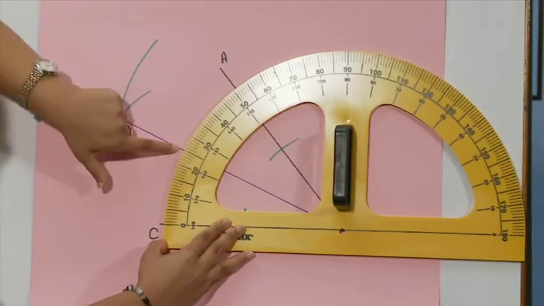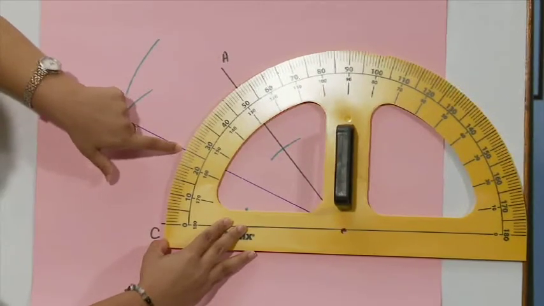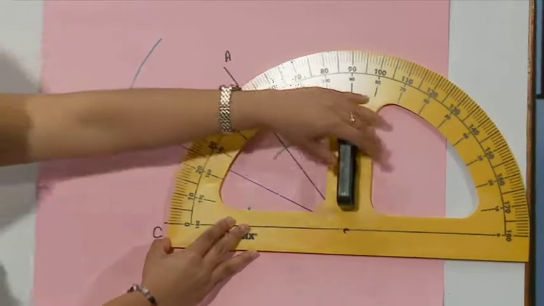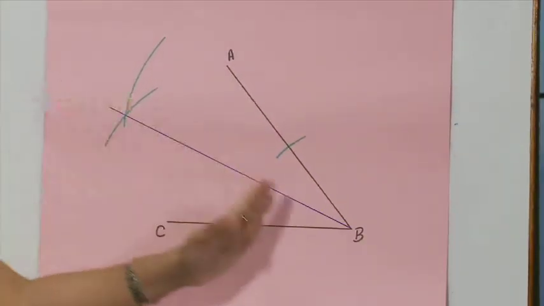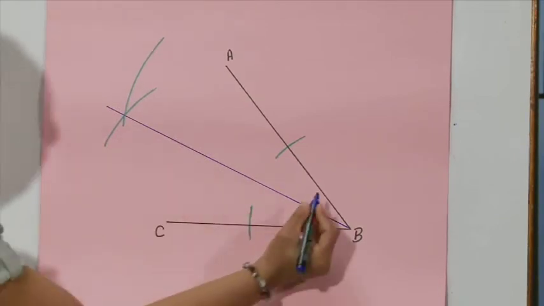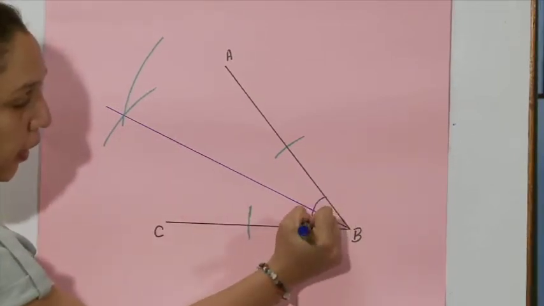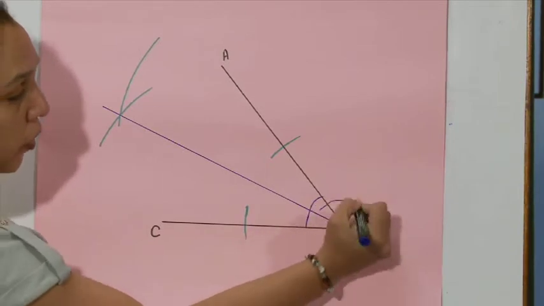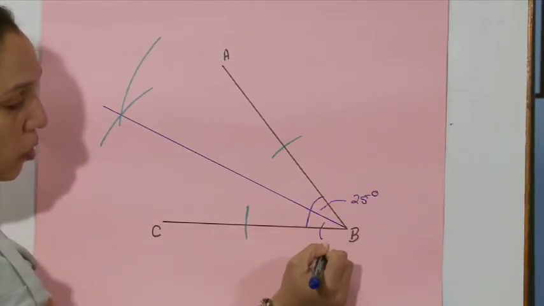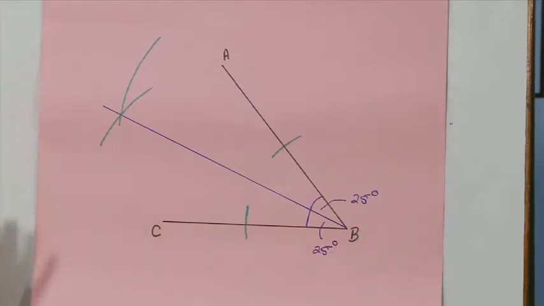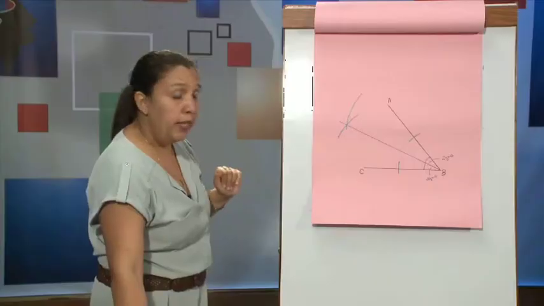And the bisection is at 25 degrees. So we have shown that this angle bisector will divide this angle in two equal parts of 25 and 25 degrees. Good? Right. We try another one? Okay.